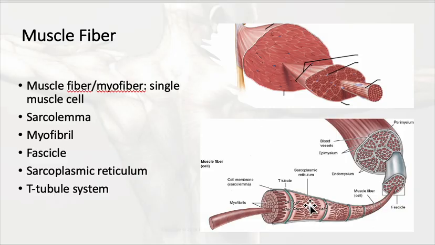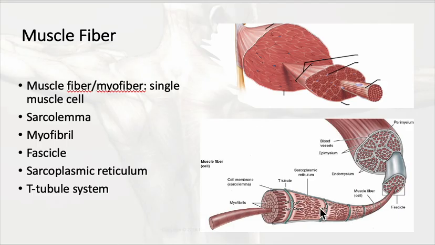Its main function is calcium storage. It's going to store and release calcium ions, which are essential for contraction. So when a muscle becomes excited by the neurons that innervate it, that action potential that is generated, that electrical signal, travels down the T tubules, this kind of blue-green network here, which penetrates into the muscle cell's interior to ensure that that action potential reaches all parts of this muscle fiber simultaneously.